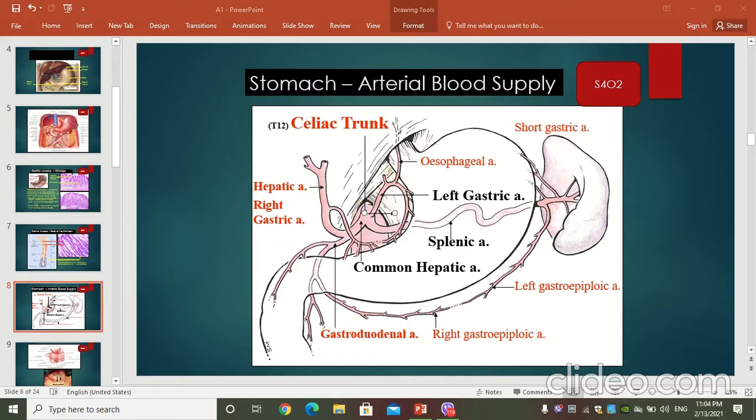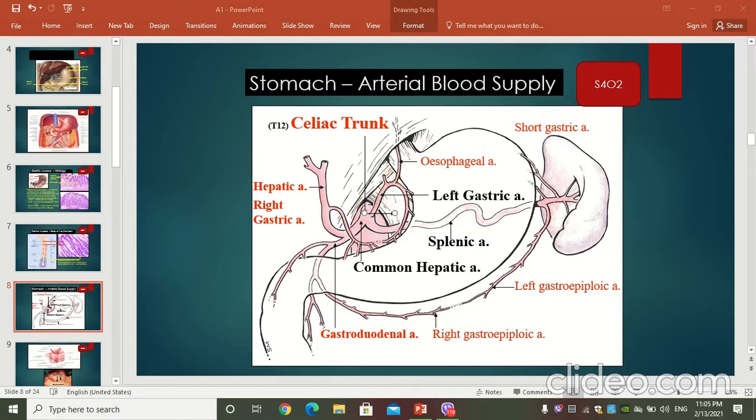The left gastric artery runs towards the esophagus, the esophagogastric junction, and turns down the lesser curvature, in the lesser omentum, anastomosing with a branch from the hepatic artery, which is called the right gastric artery.